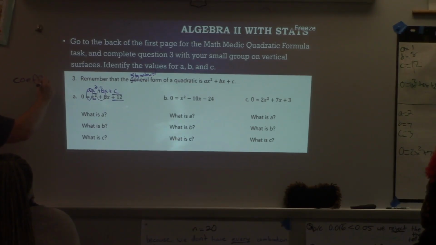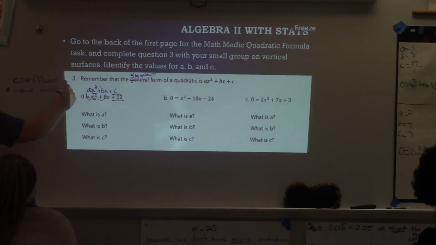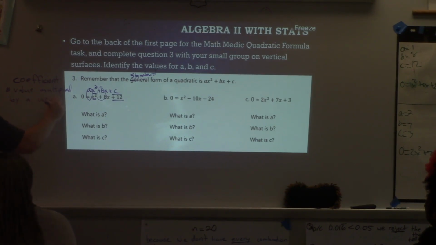Okay. So, you don't have to know that term, but to me, it helps. The coefficient is just a value multiplied by a variable. And so when we look at this, I guess I should have been more clear about this in the past. A, B, and C are coefficients.